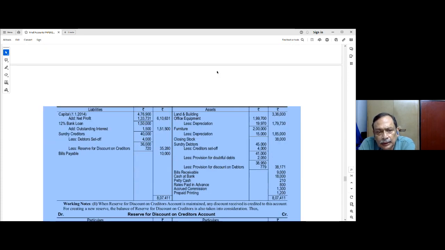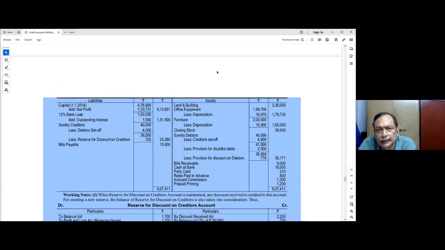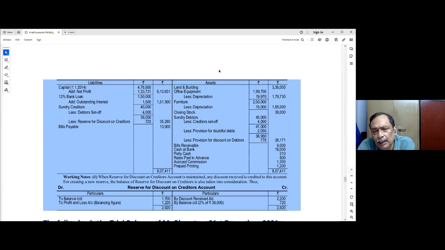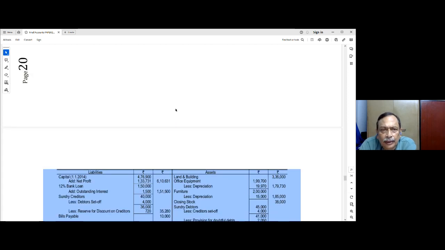Now, in the asset side, we are going to have land and building, then office equipment less depreciation, then furniture less depreciation, then closing stock, then sundry debtors less creditors set off.